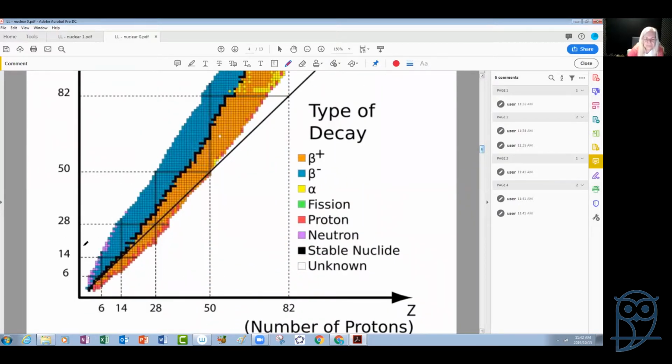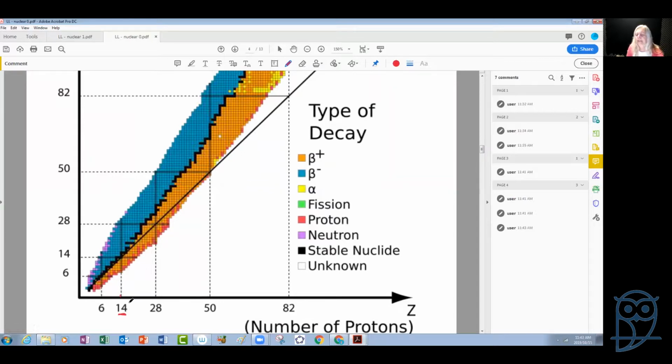So you see, if we go up, let's say at the 14, since we have a 14 here, if we go up along this line, all these little squares, which are first blue and then they become black and then orange and pink, all these squares along the same straight vertical line represent isotopes of the same element that has proton number, atomic number, 14.